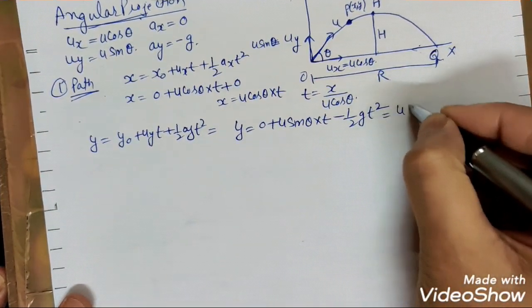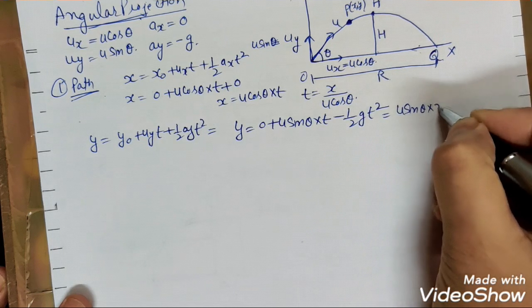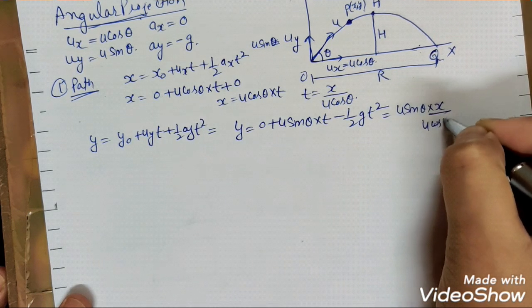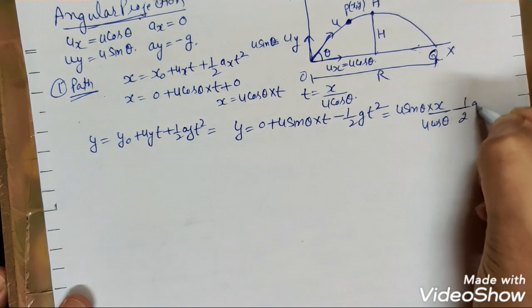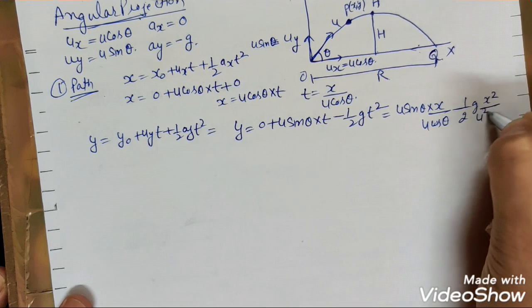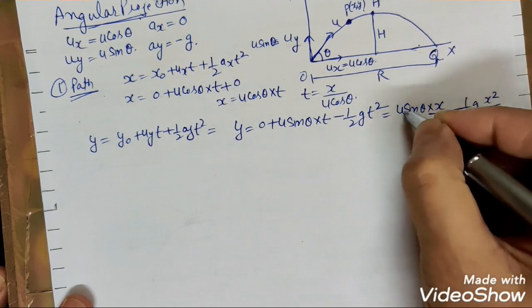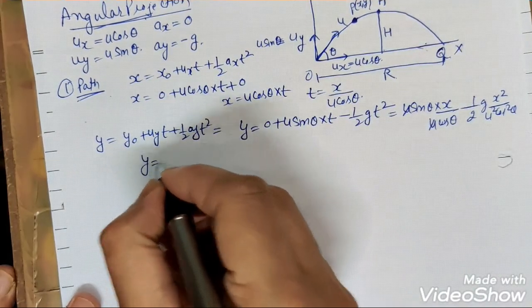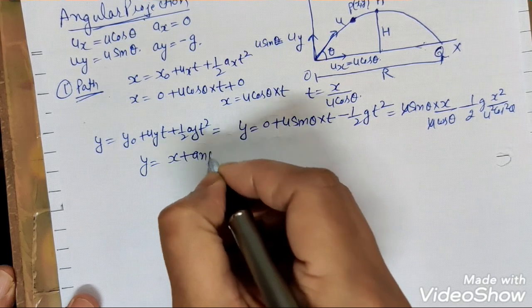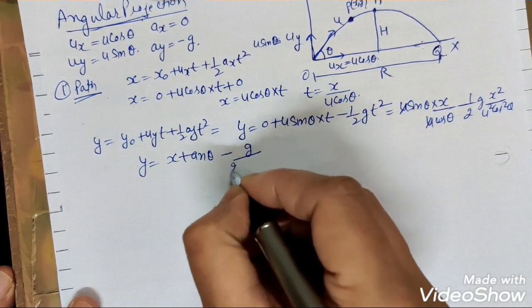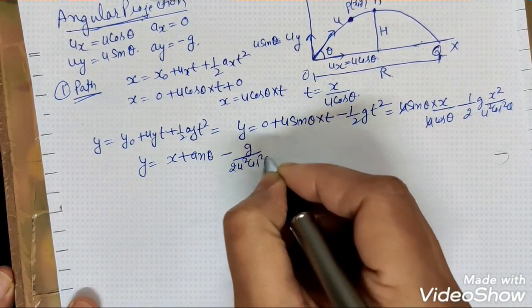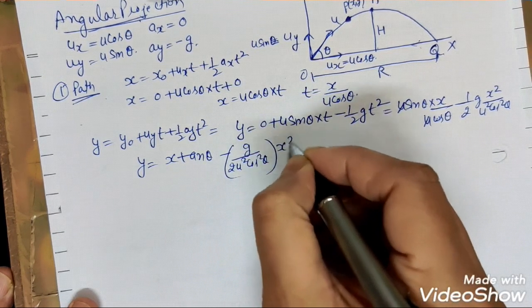So put the value: u sin theta x upon u cos theta minus 1/2 g x² upon u² cos² theta. So you cancel and we get y = x tan theta minus g x² upon 2u² cos² theta.